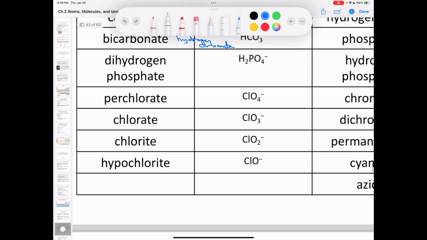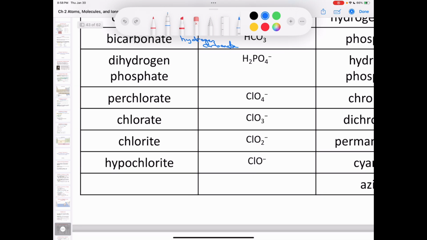The next ones we have are perchlorate, chlorate, chlorite, and hypochlorite. There's a pattern here. If you can memorize the chlorate, which is ClO3 minus, whenever you go from ate to ite, you always lose 1 oxygen. So we go from ClO3 -1 to ClO2 -1.